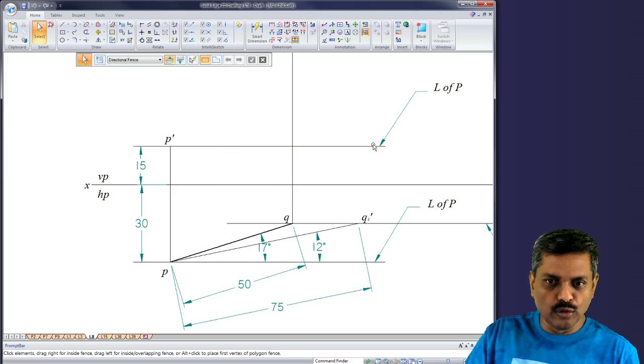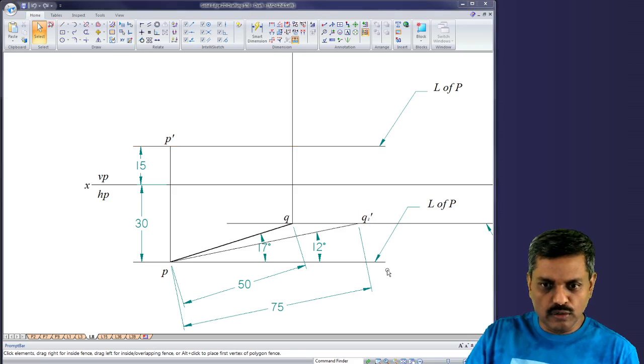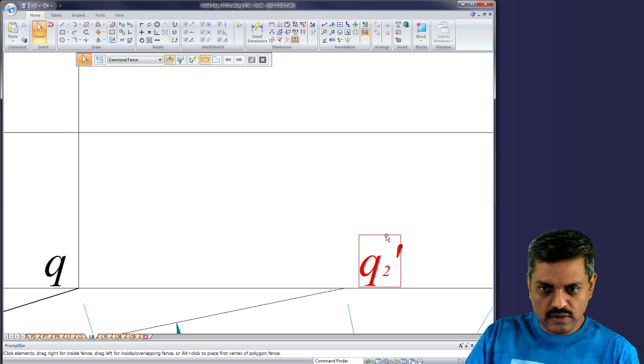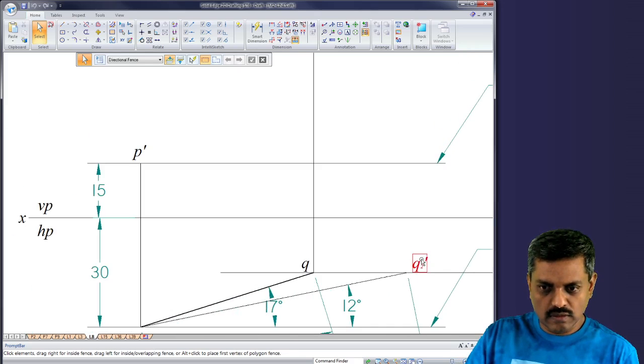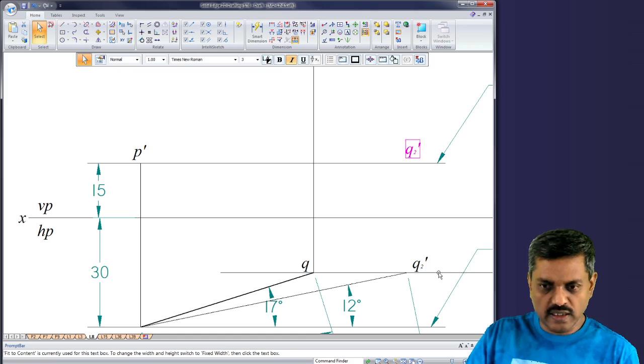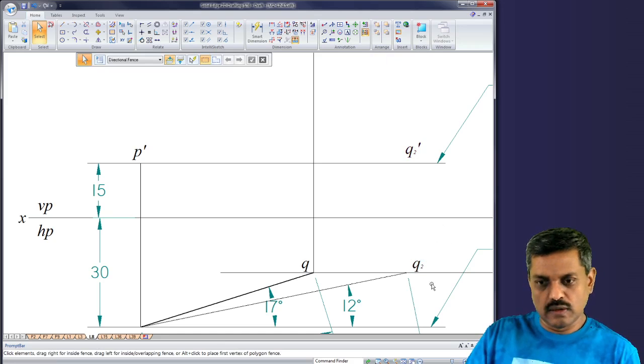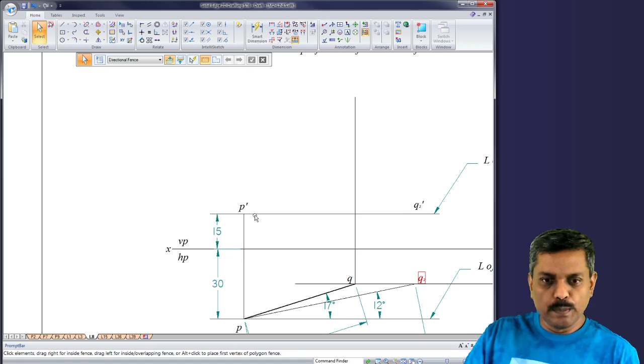P dash and Q2, sorry, this should not be Q dash, this should be Q2, that's all. Okay, so p dash q2 dash is shorter and parallel to this.